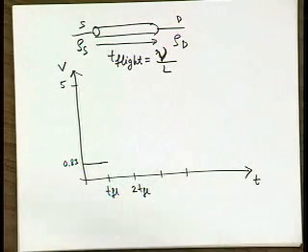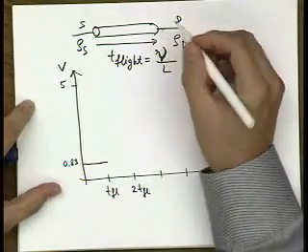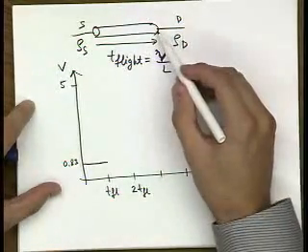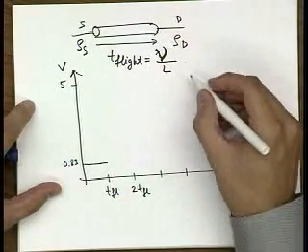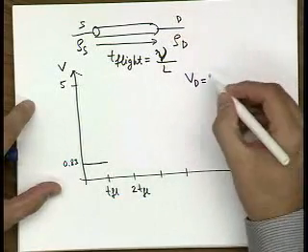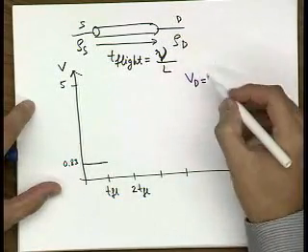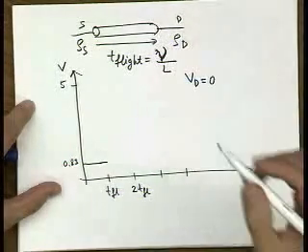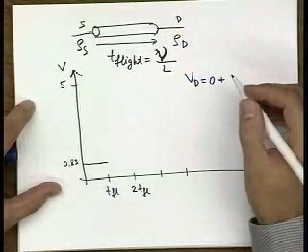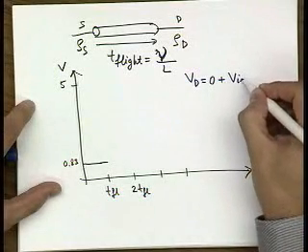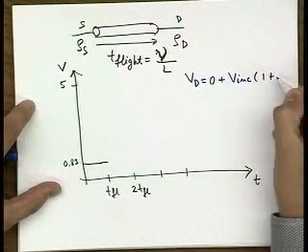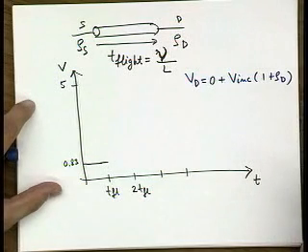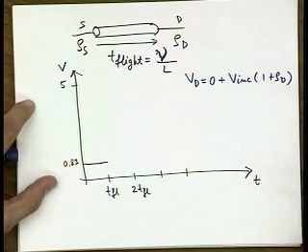It takes a certain time for this signal to travel to the destination end, and once it reaches the destination, the value at the destination will be equal to the previous value, which was 0, because we assumed there was no signal at the destination, plus this incident waveform times 1 plus rho d, which is the reflection back.